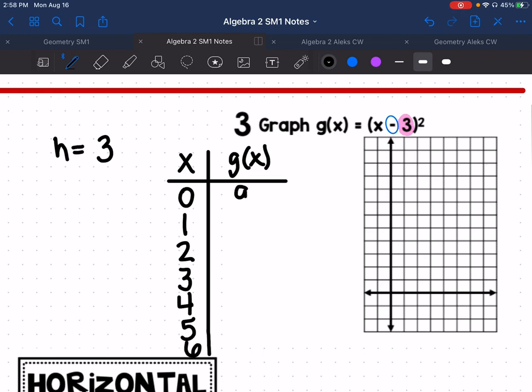So when I plug them in, I'm just doing 0 minus 3 squared, 1 minus 3 squared, 2 minus 3 squared, 3 minus 3 squared, 4 minus 3 squared, 5 minus 3 squared, 6 minus 3 squared. So notice you do have that pattern once again because it is a quadratic. The parent was a quadratic because of the square right there. And notice you do have your partners and there's your vertex right there.